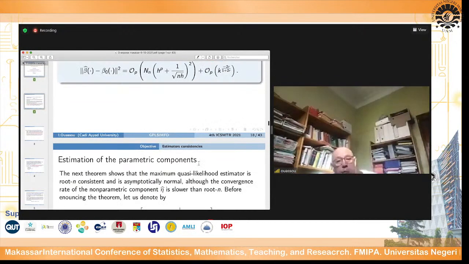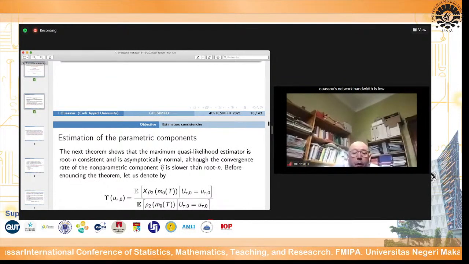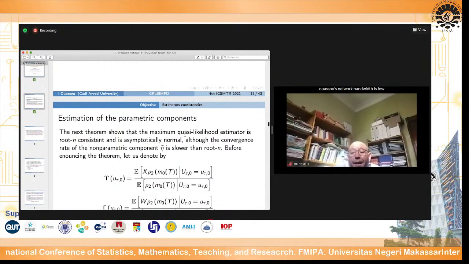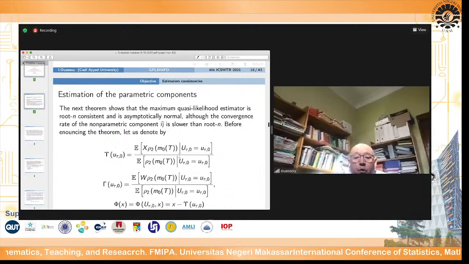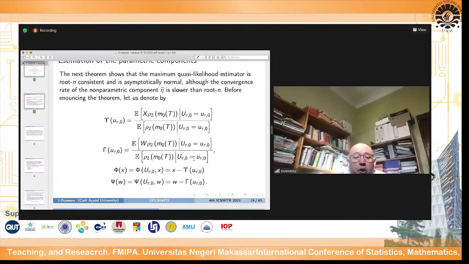Now, to estimate delta, we need some results. The next theorem shows that the maximum quasi-likelihood estimator is root-n consistent and asymptotically normal. However, the convergence rate of the nonparametric component eta is slower than root n, before we give, note this quantity. This is for the technical lemma and technical demonstration. The result is here.